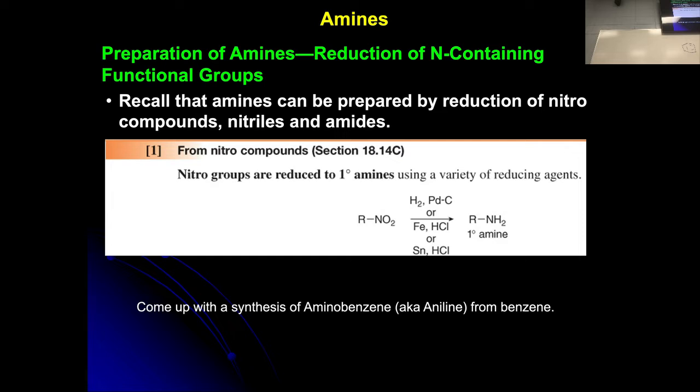You have to start with benzene, but you can do anything else that you want. Make the nitrobenzene first. Okay, write it down. You all right there? What are we doing again? You're doing that reaction. How do you do that?